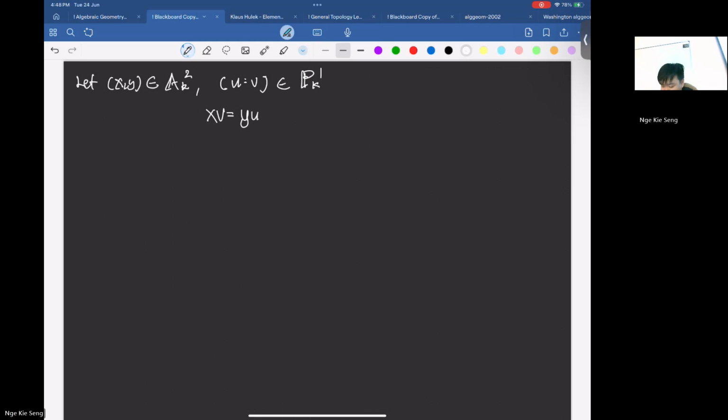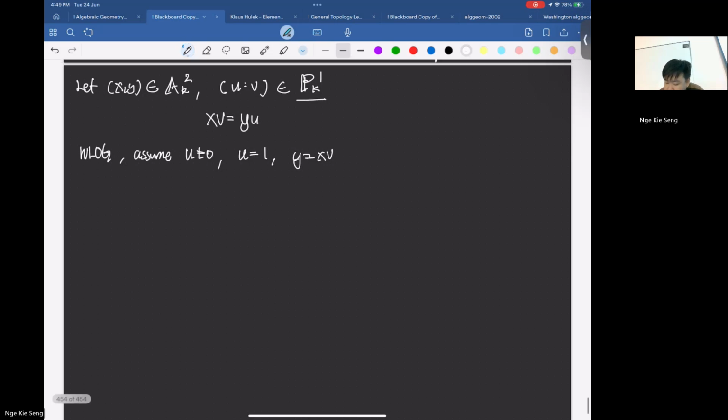But because this is a homogeneous coordinate, of course without loss of generality you can assume that either u or v is non-zero. Assume u is non-zero, and for simplicity you can actually assume u equals 1. So now we have y equals xv.